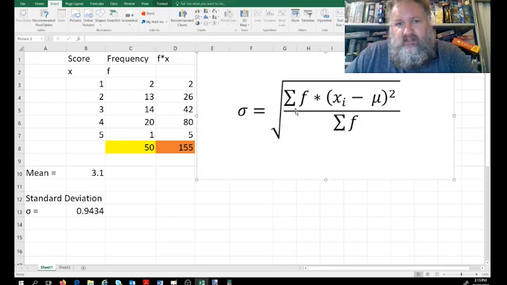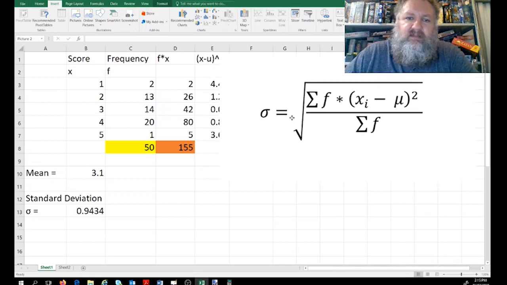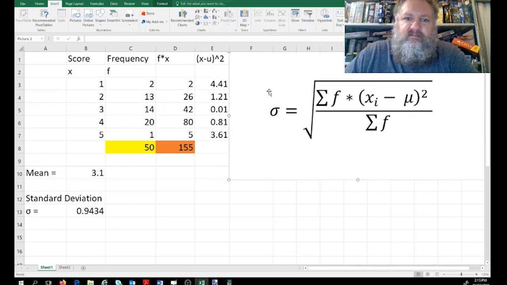Okay, so looking at this great big monstrous formula here, the first thing that you see, and I've simplified it up the top up here, is this bit where we have the xi minus mu squared. So what does that mean?